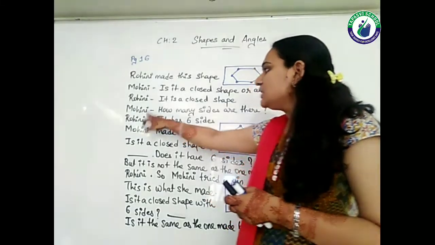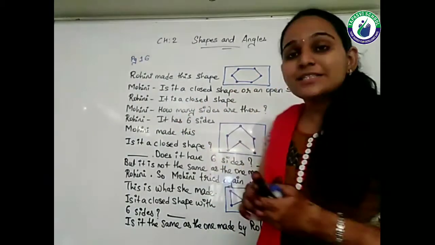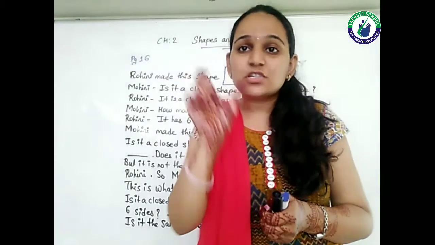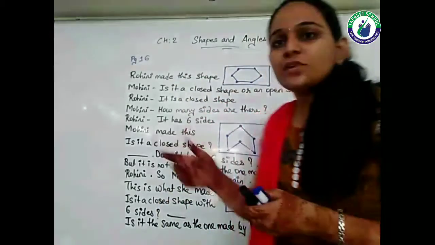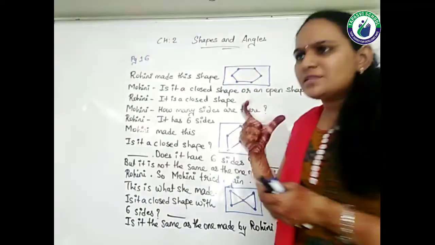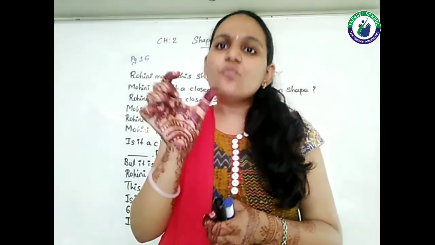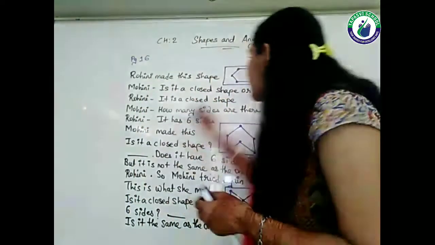Next, Mohini is asking how many sides are there? How many sides? Sides means the edges, students. Let me show you the edges. This is the first edge. Edge means the side which is connected by two vertices. This is called the vertex.